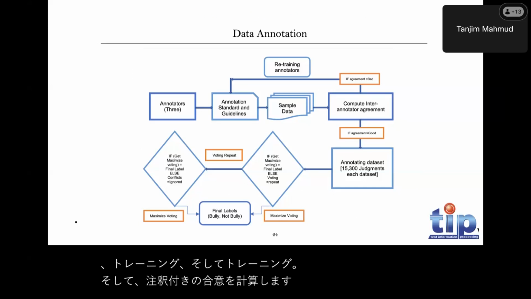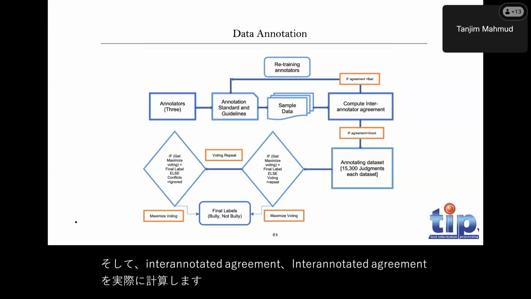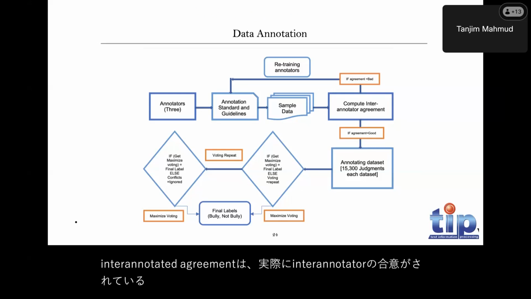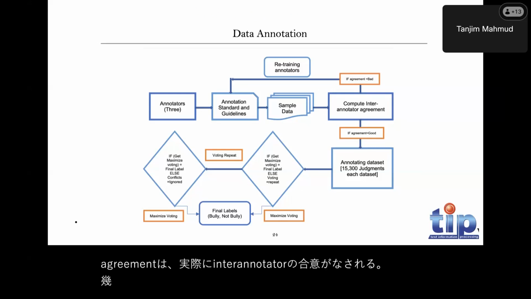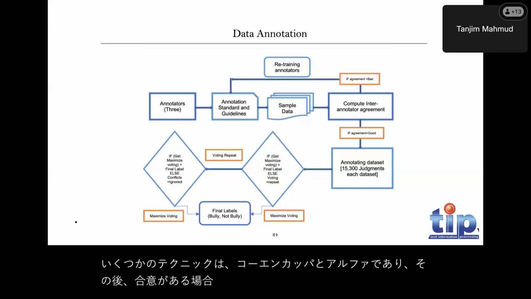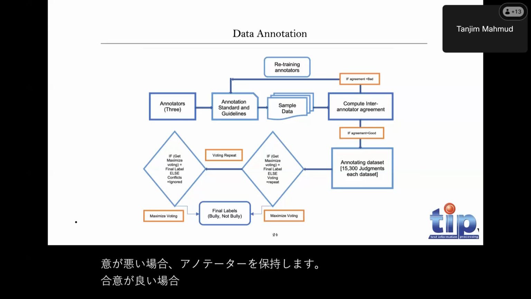The inter-annotator agreement was computed with techniques such as Cohen's Kappa and Krippendorff's alpha. If the agreement is bad, I retrain the annotators. If the agreement is good, I got 15,300 judgments from the 3 annotators.